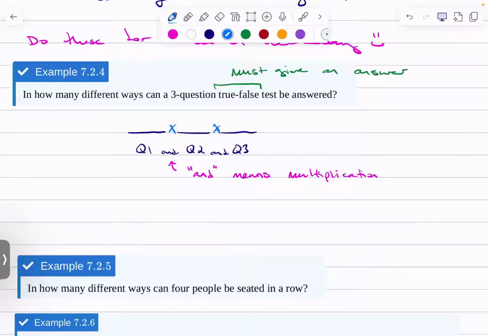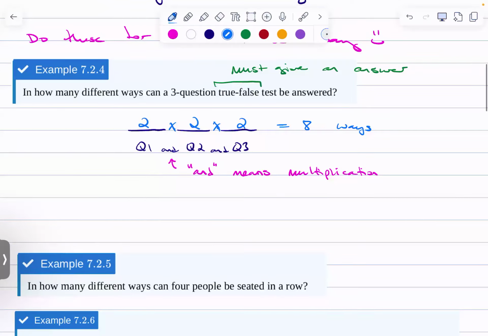Well, in a true-false, I only have true or false, so I have two options, right? And same thing with question 2, and same thing with question 3, which means I have 8 different ways that I could answer a true-false 3-question test.